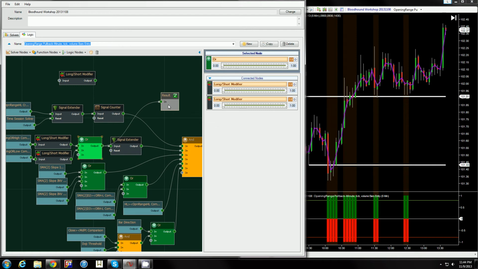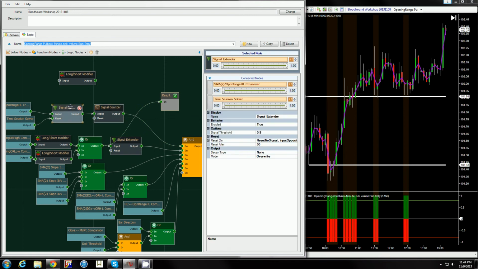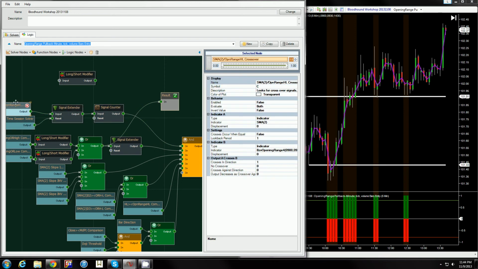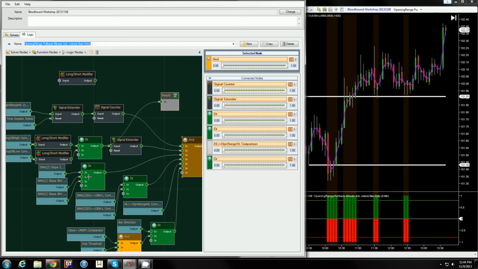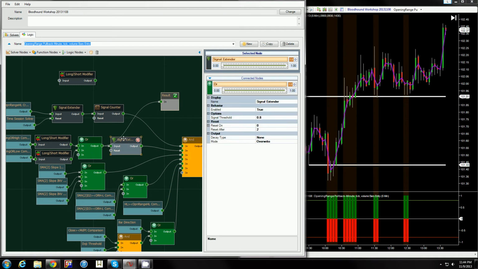Okay? But we only want this to be true when our initial condition, the SMA 2-period breakout, is true. So that's why we've connected all this together with an AND node, because we want all of this true at the same time. Okay, and then we're going to extend this signal forward a couple of bars, because it's not always going to be that this bar is going to be an up bar.